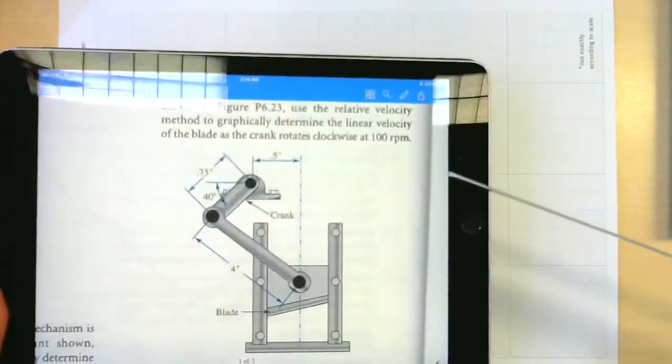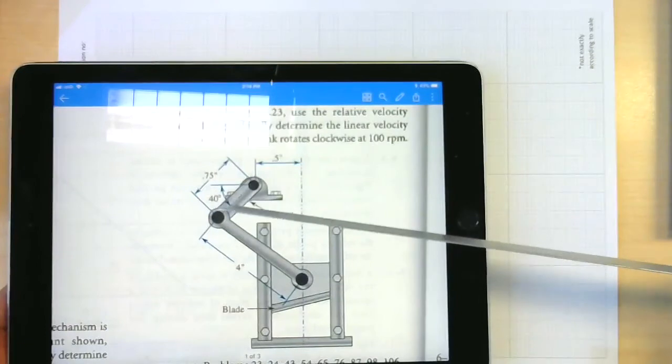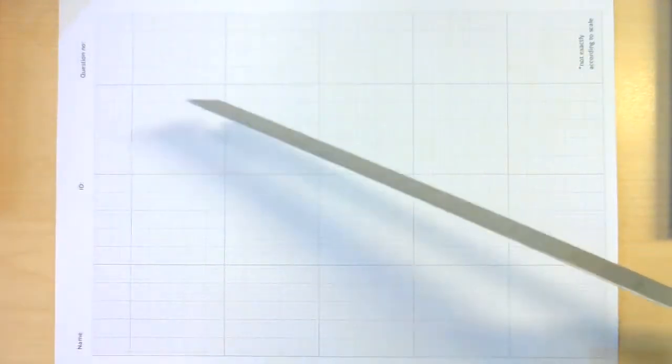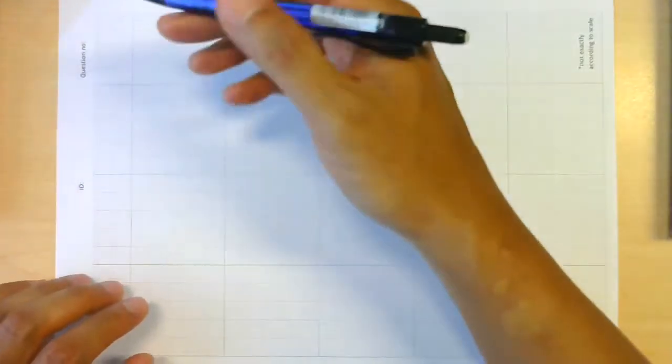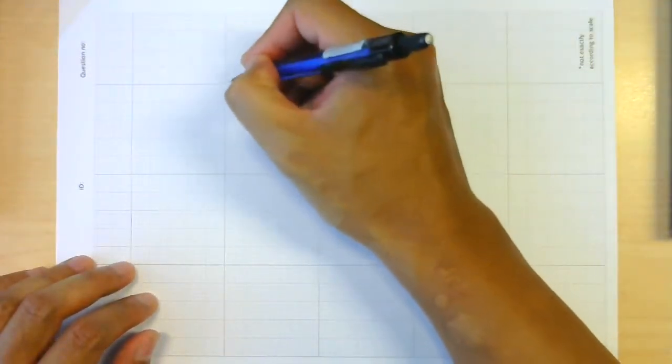Okay, let's start with this. First we need to draw point A and point B at 40 degrees with the length of 0.75 inch. So let's say the point A is here.